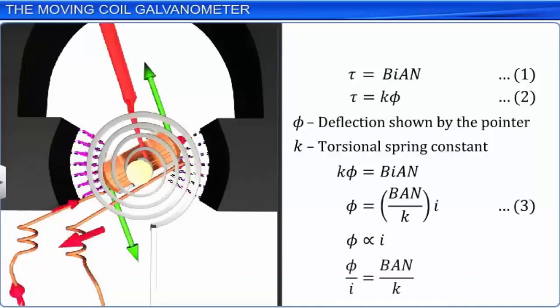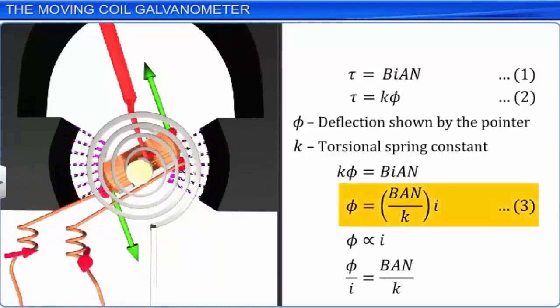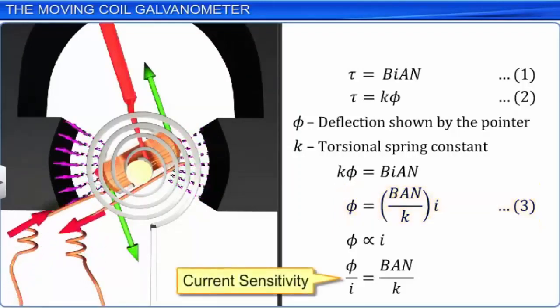The ratio φ to I gives the deflection per unit current, which is defined to be the current sensitivity. From equation 3, φ is equal to BAN by k into I. Hence, the current sensitivity φ by I is equal to BAN by k.